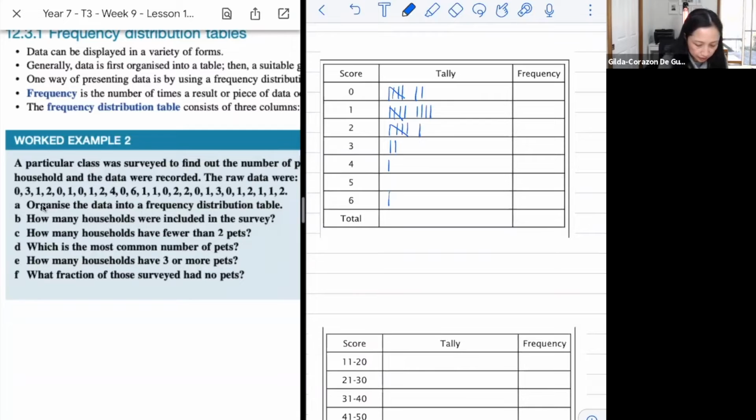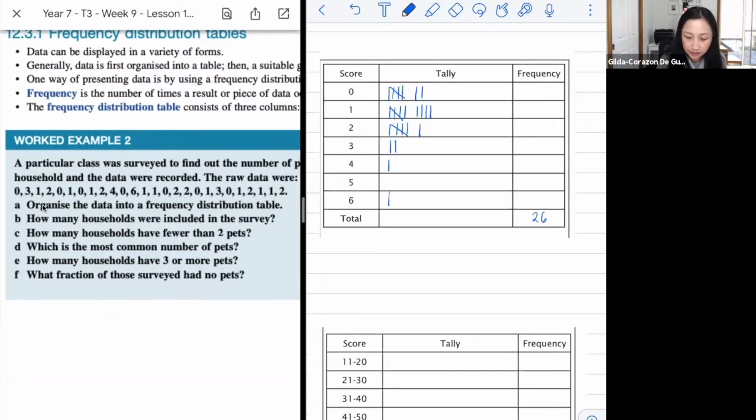Counting by twos, I've got 2, 4, 6, up to 26. Now I need to make sure that the total here would also be 26.